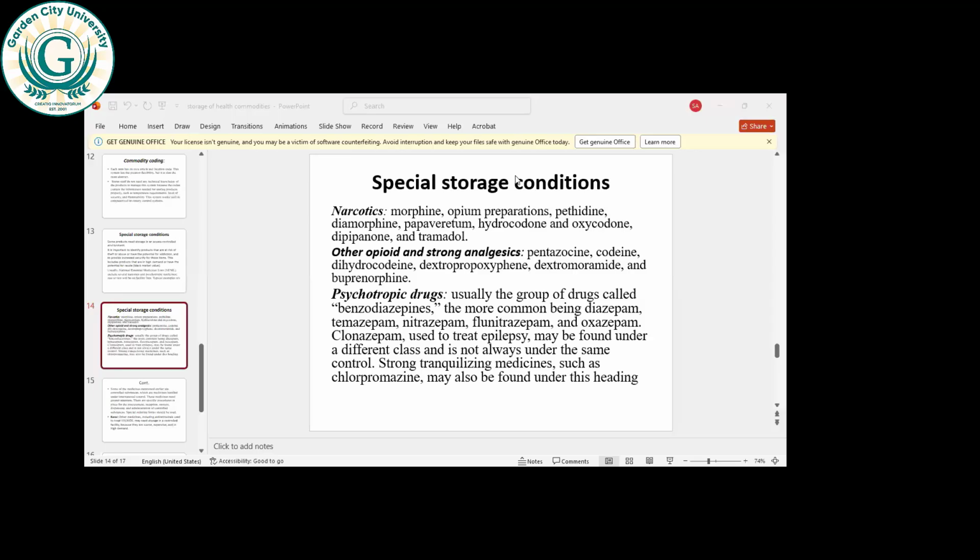Then we talk about the psychotropic drugs, as I've mentioned, and then strong tranquilizer medicines such as chlorpromazine may also be found under this heading. Most of these items also require special permission to even import those drugs into the country.